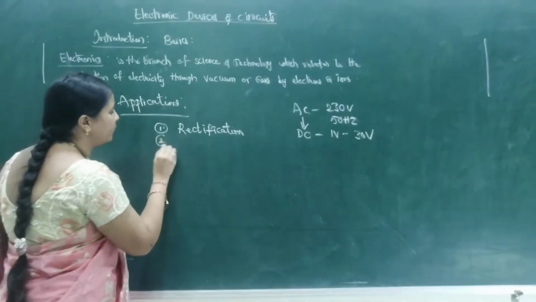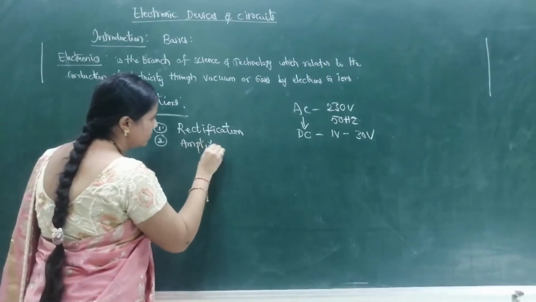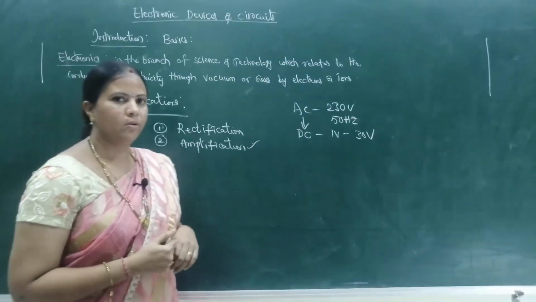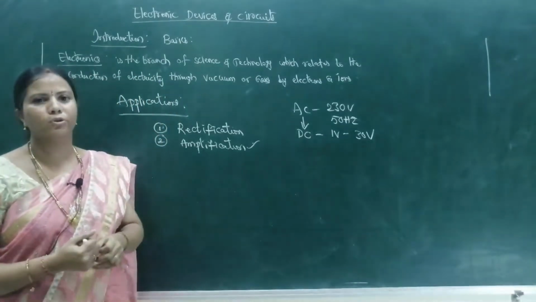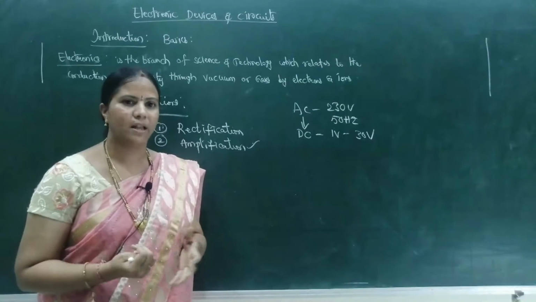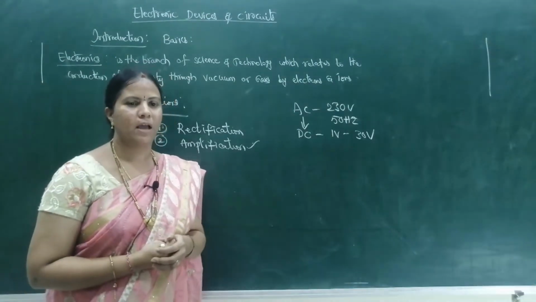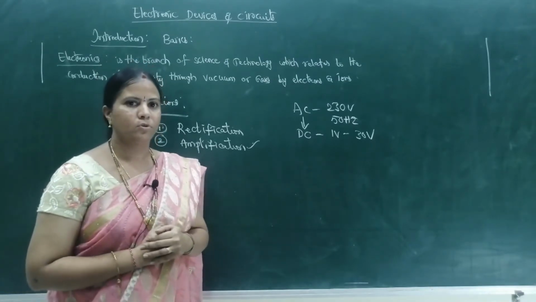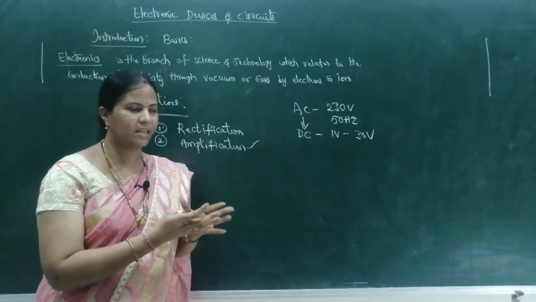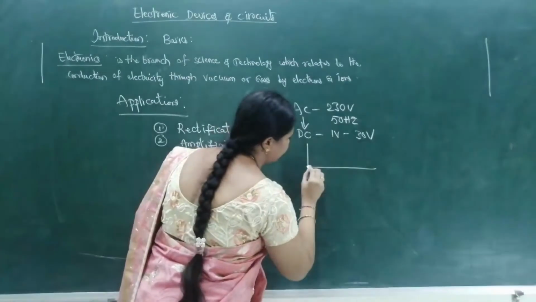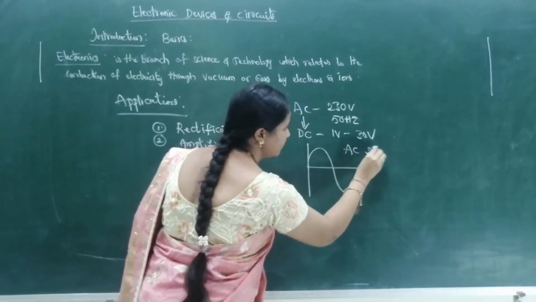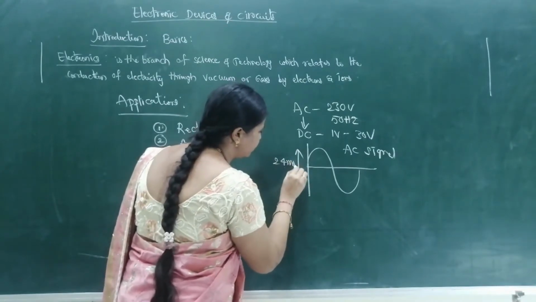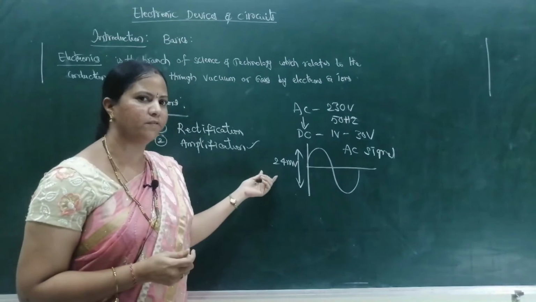So next is amplification. What is the meaning of amplification? Amplification is nothing but it is used to increase the strength of the signal, a small signal or weak signal. If you give a small amount of signal, say if the AC signal is like this, and this signal has a voltage of 24 millivolts, that is a very small amount of signal.